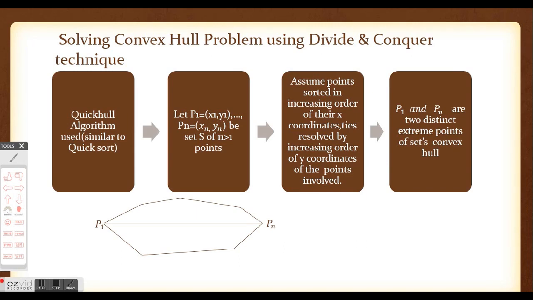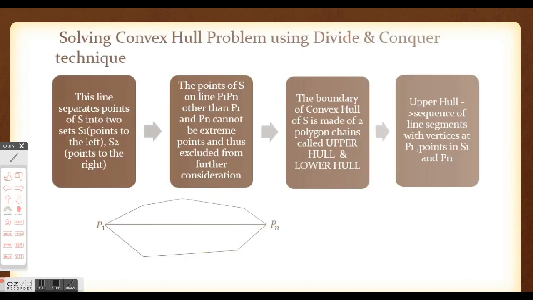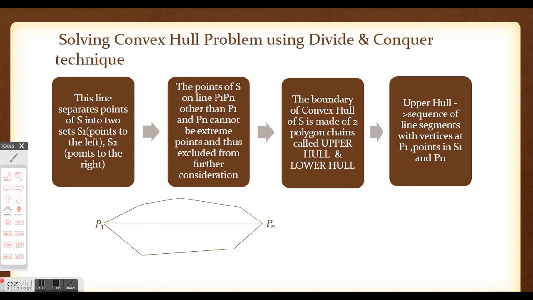Consider P1, P2, P3 up to Pn, a set of n points in set S. Assume the points are sorted in increasing order of their x coordinates, and whenever a tie occurs, the y coordinate is used as a tiebreaker to sort the points. Let P1 and Pn be the two distinct extreme points of the set's convex hull. So P1 is the leftmost point and Pn is the rightmost point.